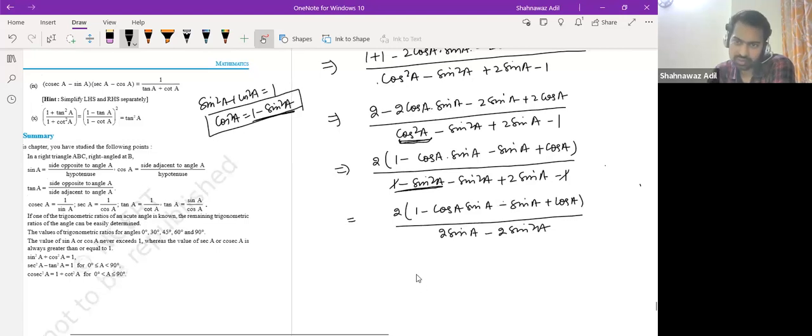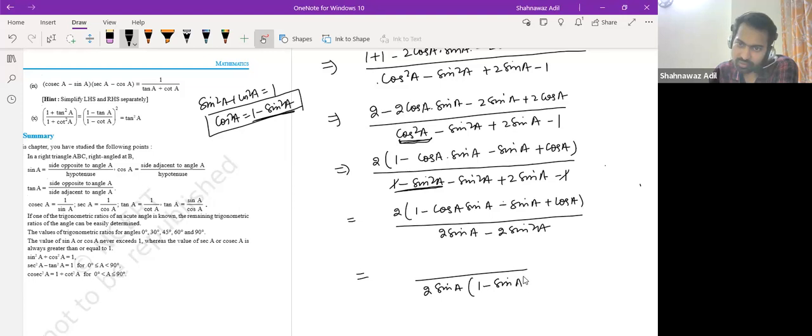Okay, so then what we can do in here? We can take 2 common, 2 sine a is cos, and we have 1 minus sine a. You see the first and third term, we have 1 minus sine a, right?